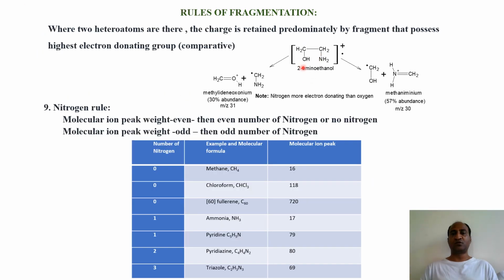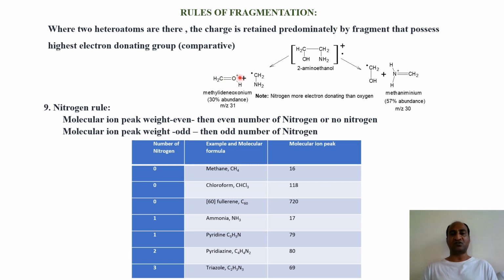Whenever there is more than one heteroatom in your organic compound, for example, this is 2-aminoethanol, where there are two heteroatoms, oxygen and nitrogen. First, it is giving a molecular ion peak. When it fragments, it gives a fragment containing nitrogen with a positive charge or a fragment containing oxygen with a positive charge.